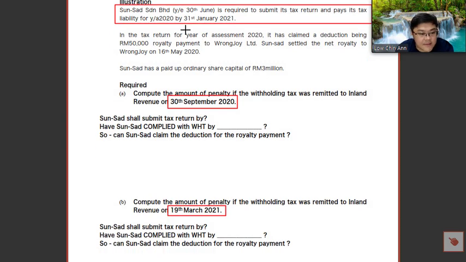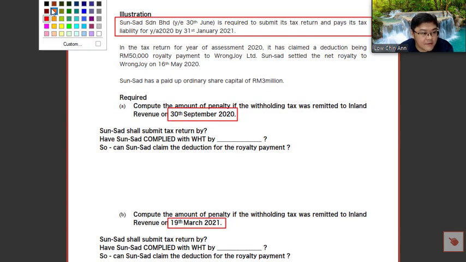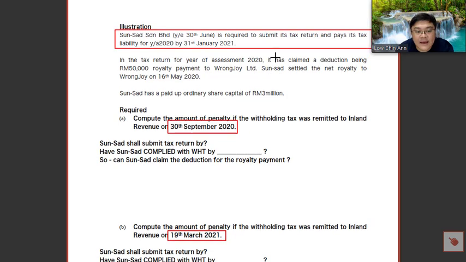In the tax return for 2020, it has claimed a deduction of a 50,000 royalty payment to Wrongjoy Limited. And Sunset settled the net royalty to Wrongjoy on the 16th of May 2020.